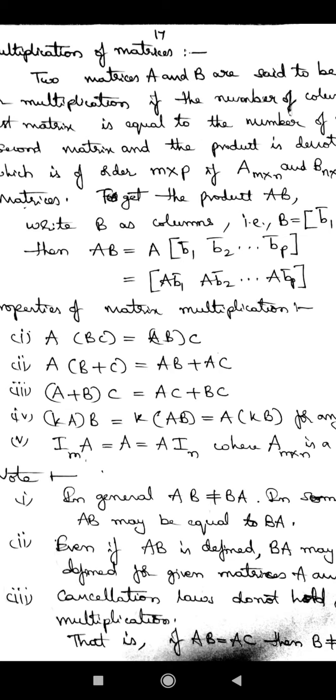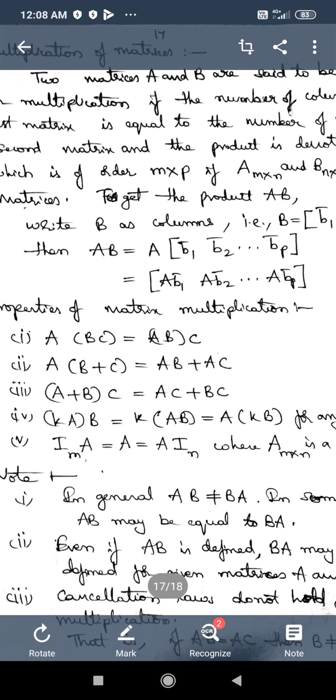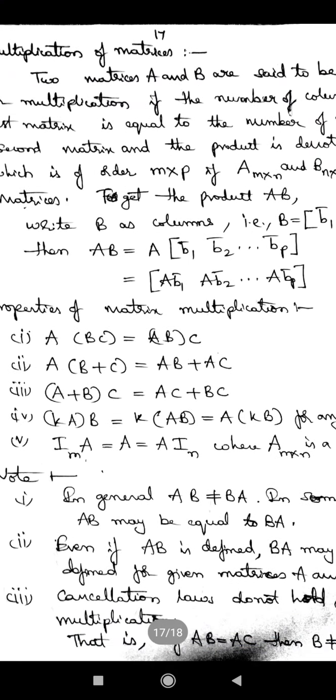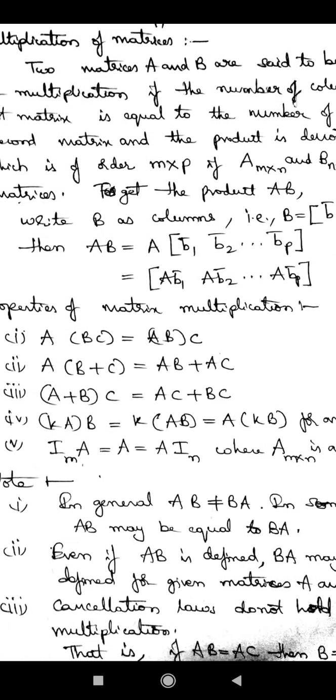The second property says that A times B plus C is equal to AB plus AC. And the third property says that A plus B times C is equal to AC plus BC. The second and third are known as the left distributive law and the right distributive law. That means the distributive laws hold good in the set of matrices.